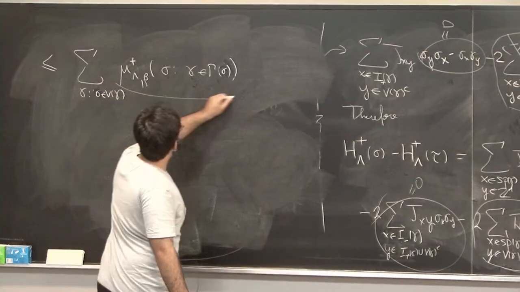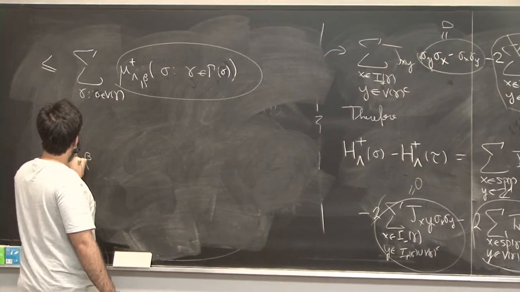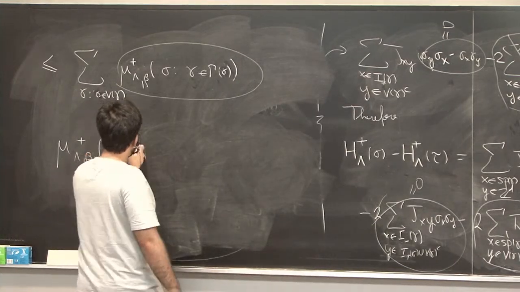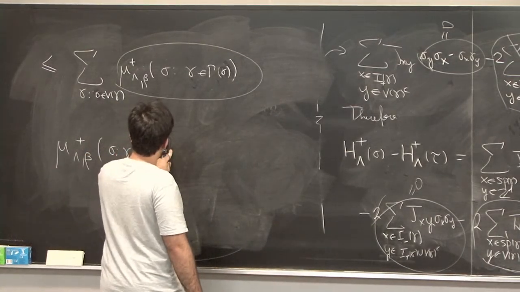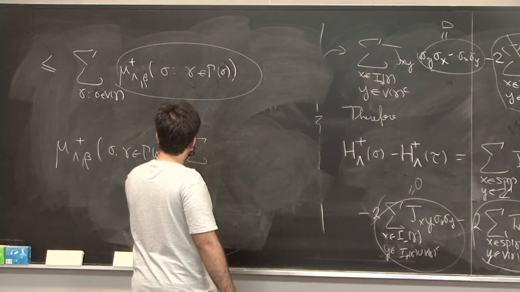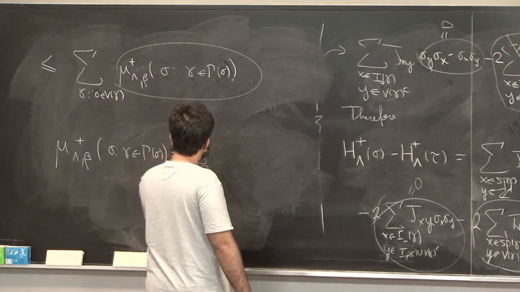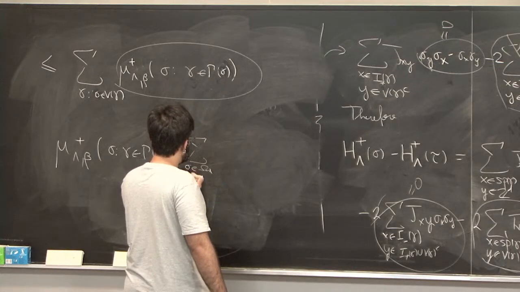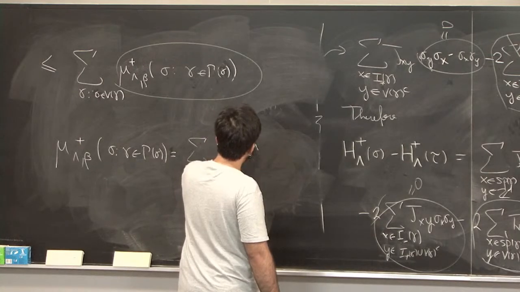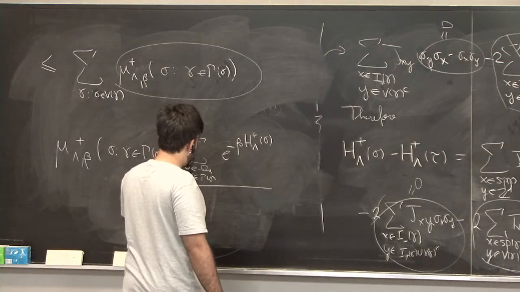Now we proceed to bound this quantity right here. I know exactly what this is. This is the sum over all configurations sigma such that gamma is inside gamma sigma of the weight exponential of minus beta H plus sigma, divided by the partition function.